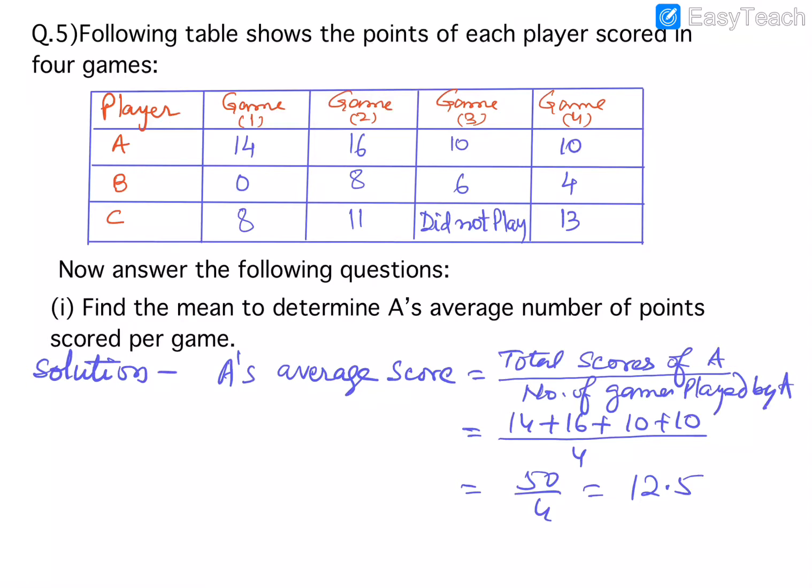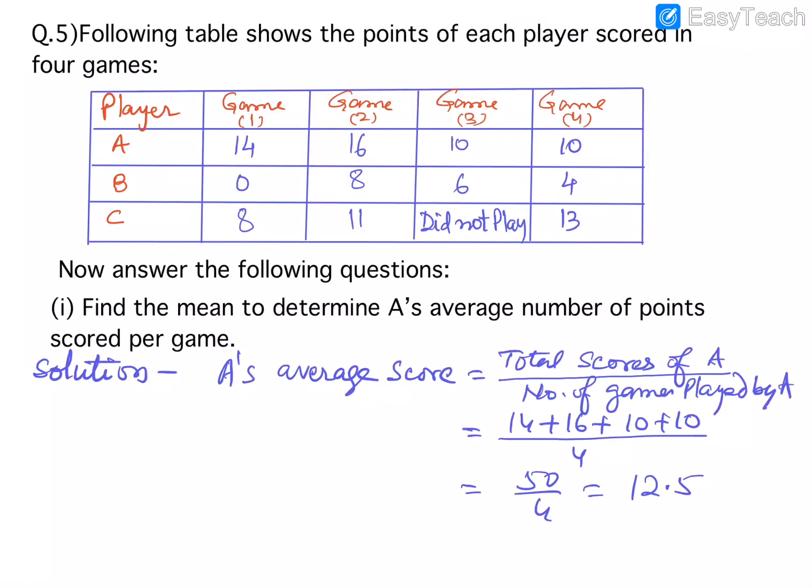Similarly, Player B scores 0 points in game 1, 8 points in game 2, 6 points in game 3 and 4 points in game 4. Player C scores 8 points in game 1, 11 in game 2, did not play the third game, and in game 4 player C scores 13 points.